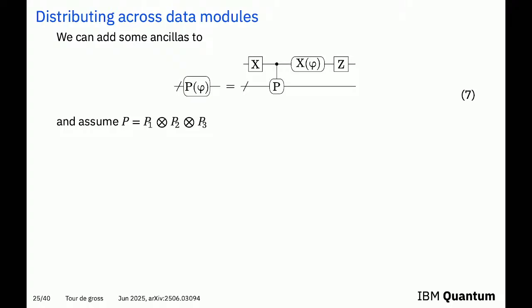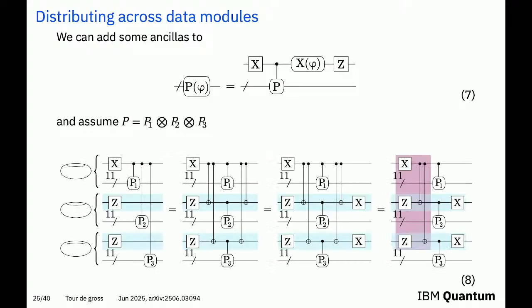Now, if we have a control P gate and we assume P decomposes, say, on 3 registers, then we can actually write this circuit here as a circuit that acts on 3 different code modules. So let's say P1 was on 11 qubits and P2 and P3 as well. Then this first part of the circuit we could write as a circuit that prepares a state in X, and those are control P1, control P2, and control P3 on 33 additional qubits.